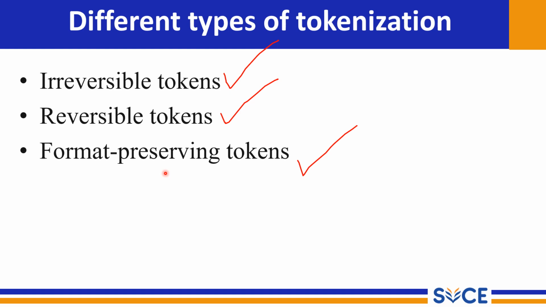Format preserving tokens support business continuity because they help ensure that a data structure remains the same even when tokenized. This stable structure makes the token more likely to be compatible with traditional and older software.